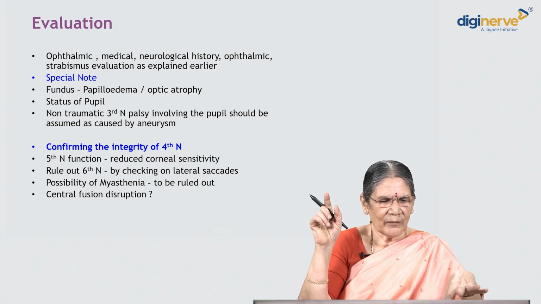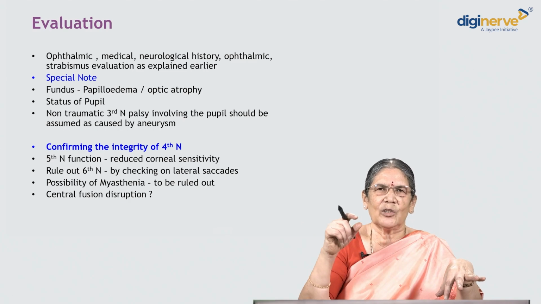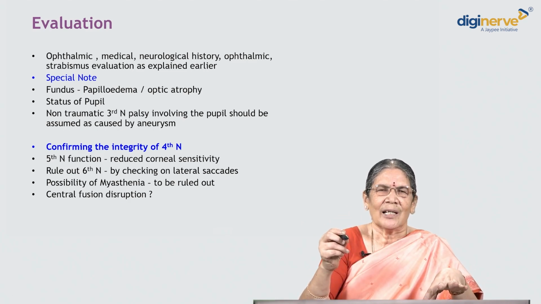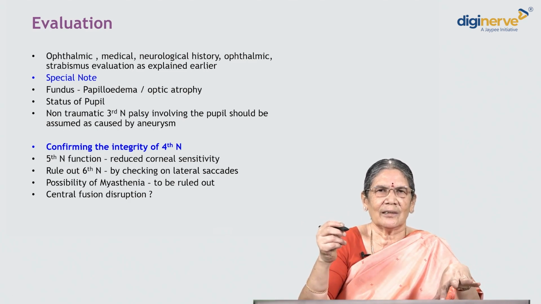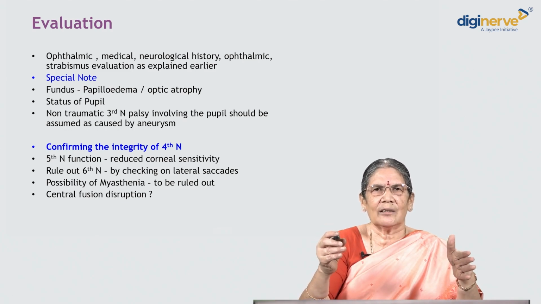And one more thing, central fusion disruption. Especially in case of closed head trauma causing this third nerve palsy, you can also have central fusion disruption. We have talked about it in the initial explanations under esotropia. What is this central fusion?